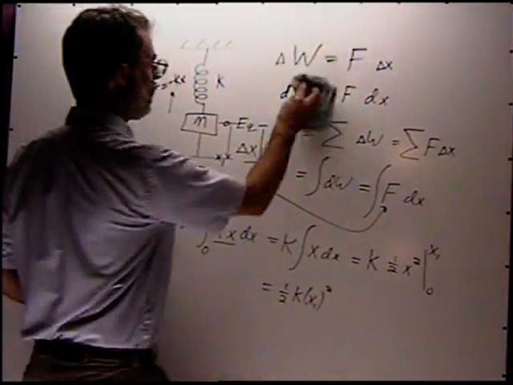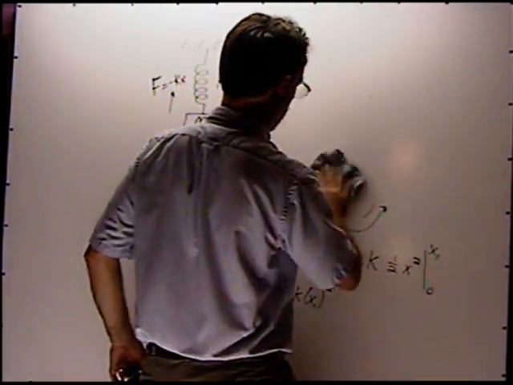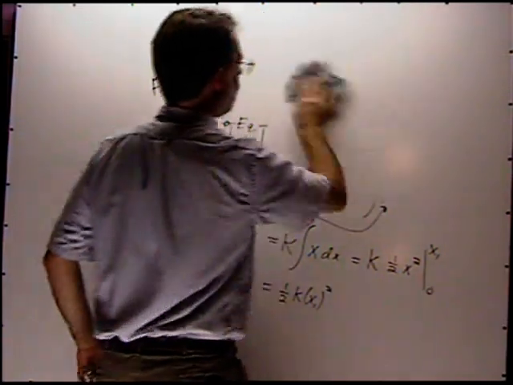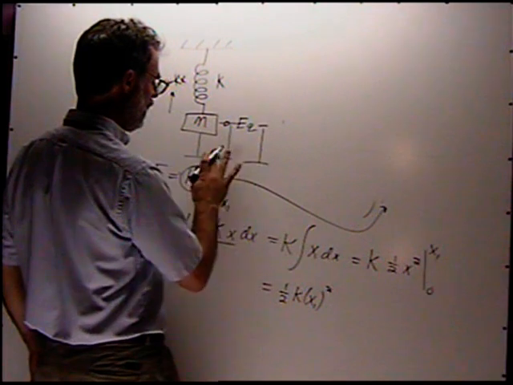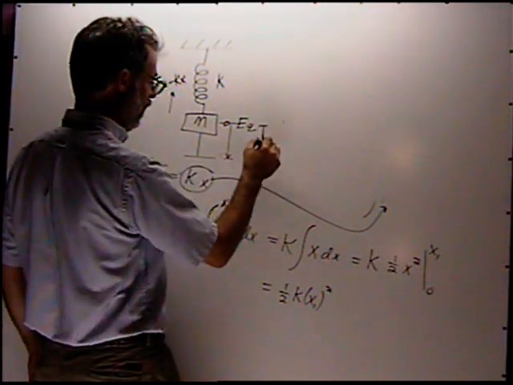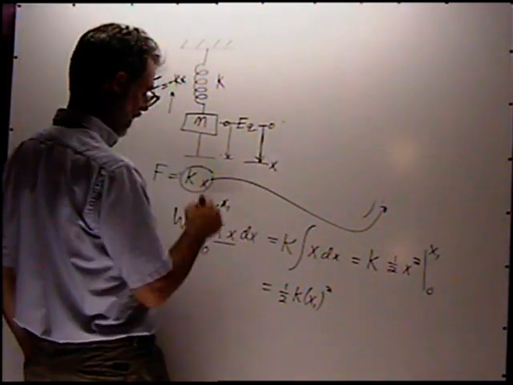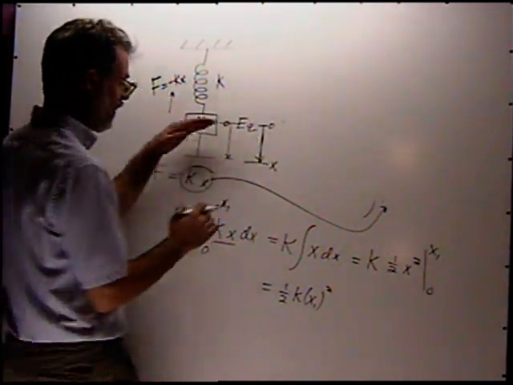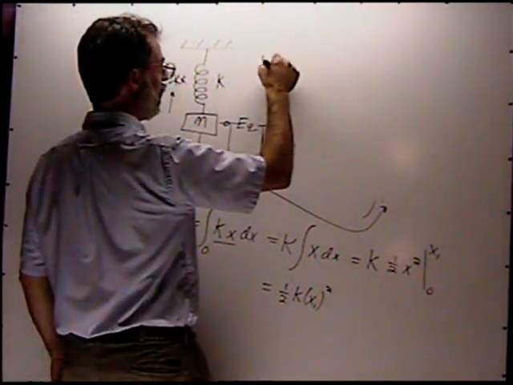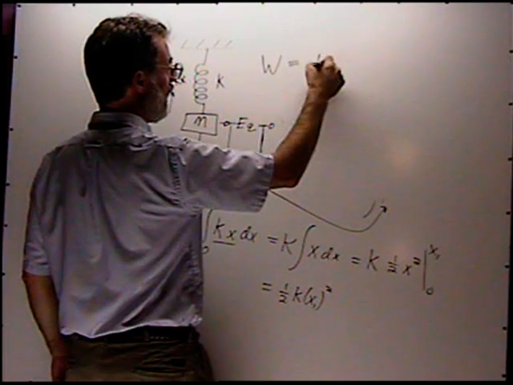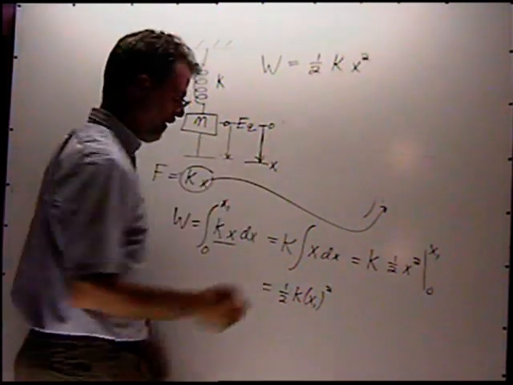Okay, so in general, what this means is this. If I elongate a spring from 0 down to a certain x distance, the work necessary for me to pull that down is 1/2 times k times x squared.